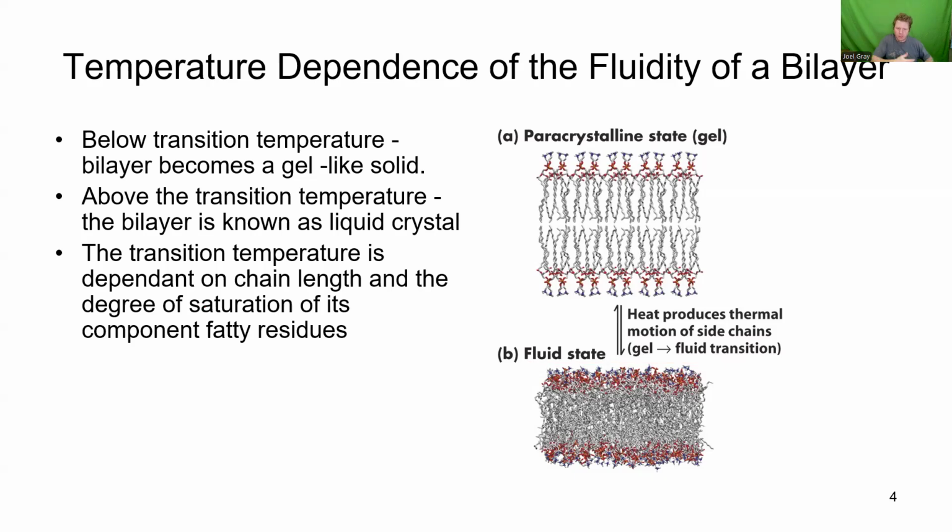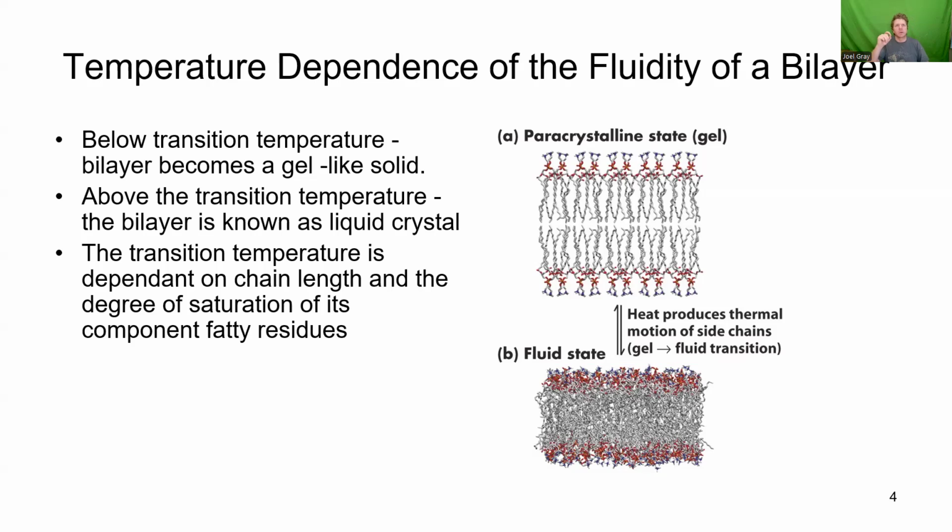To think about that in terms of other organisms, the membranes of polar bears are going to have a different fatty acid composition than, say, let's go with, I don't know what the state bird of Florida is. We'll go with Texas. Texas is warmer than where polar bears live. So a mockingbird.